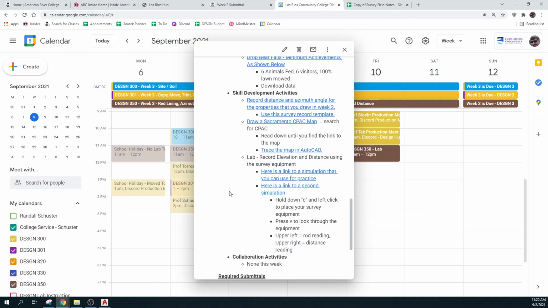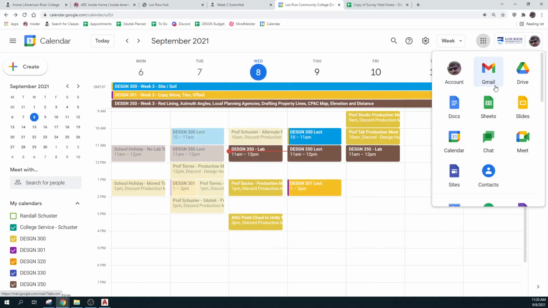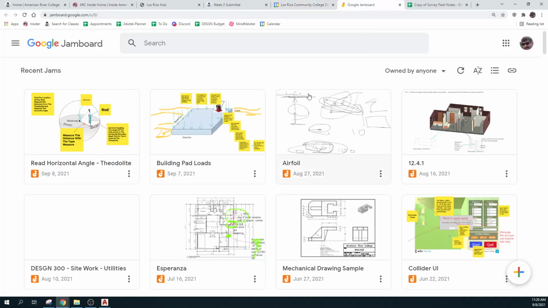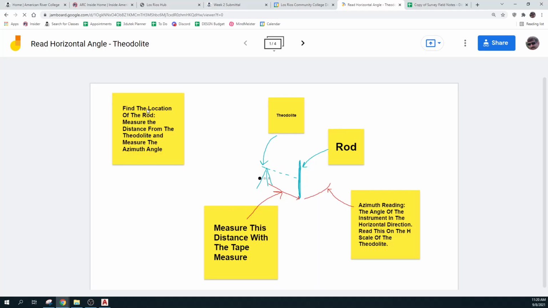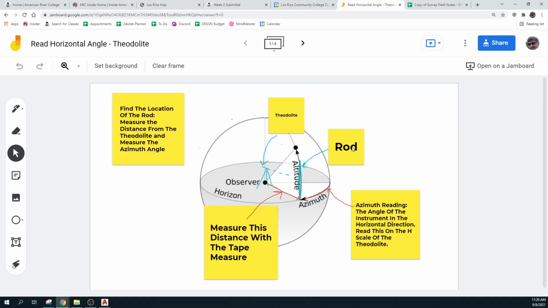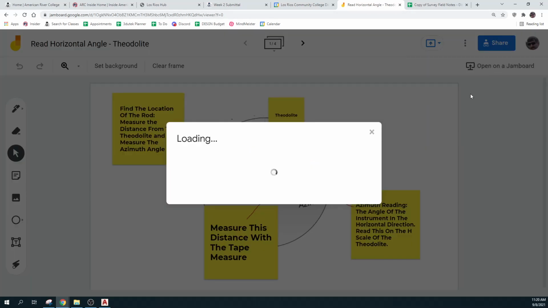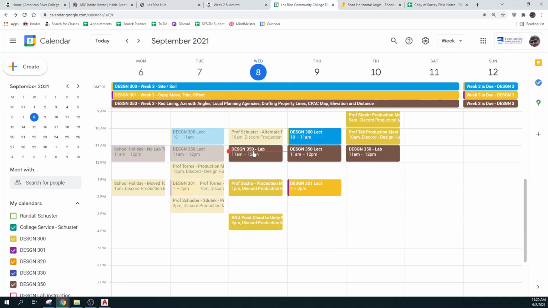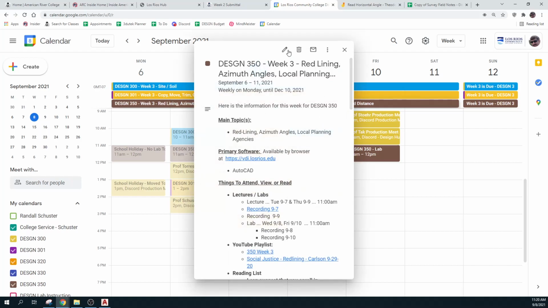I think I just did it in a video. So let me open up my Jamboard and I'm just going to go over it. I did this in a video for you, but I'm going to go over it again and then I'll give you a link to this Jamboard. There are 4 pages to this, by the way, that you can go through. Let me do a share and I'll put it in the reading.